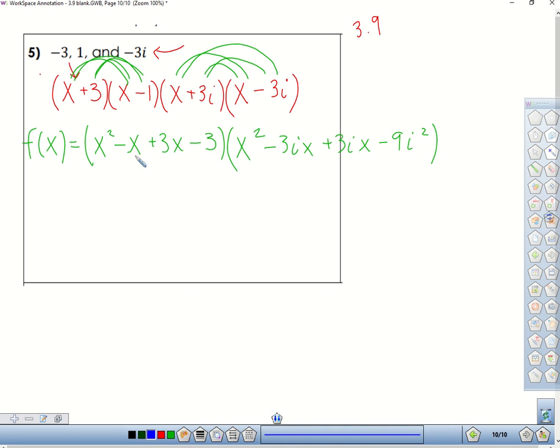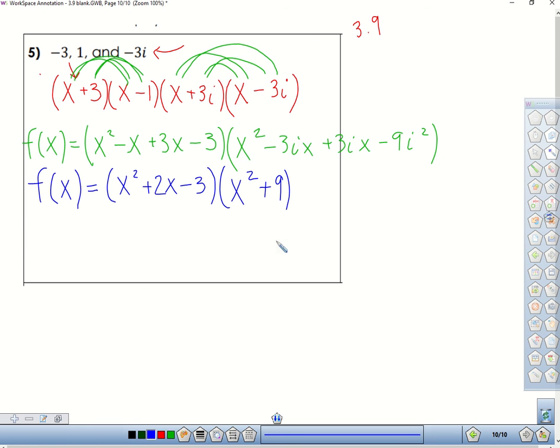Now for the first binomial, we're going to combine our like terms, and when I do that, I'm left with x squared plus 2x minus 3. And over here, what happens to my middle terms? Good, so I'm just left with, and then over here, I have a negative 9 times a negative 1, which becomes a positive. So we end up with this at this stage right here.